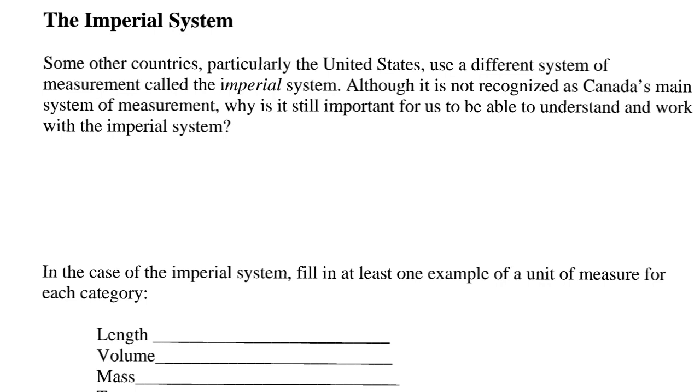Because Canada has a large main border, even though the imperial system is not recognized as a system of measurement here, it's still important for us to know because the Americans are our neighbors, right? And the reason we use the imperial system in business is because we trade with the US all the time.